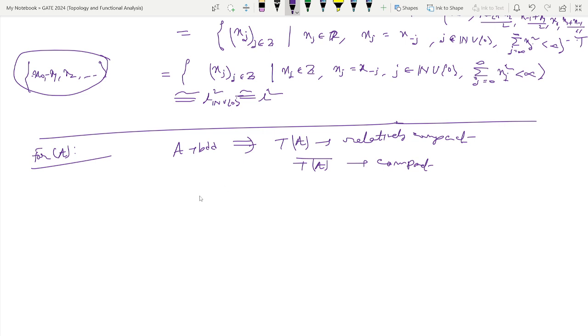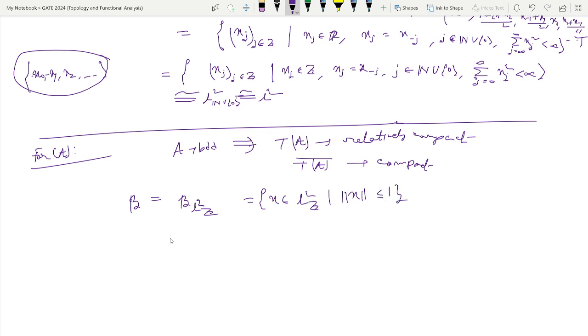But here we will show that T is not compact. So we have to find one example of a bounded set such that T of that bounded set will not be relatively compact. So simply we will take the closed unit ball of this space and write this as B. So that will be B of L2Z, that is all such x belonging to L2Z such that norm x is less than or equal to 1.